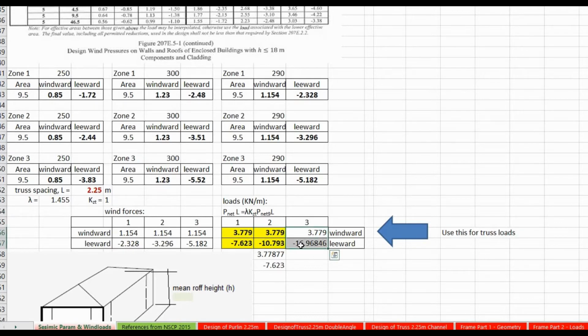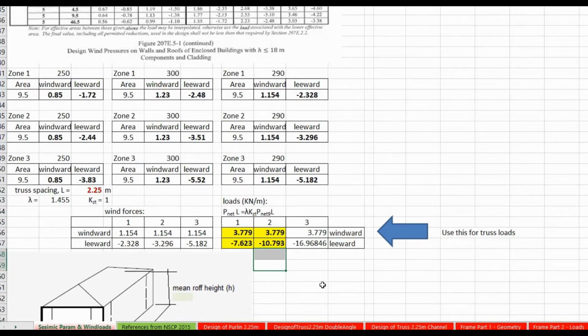Again, hindi na natin i-consider si zone 3 dahil yan ay nasa corners. So, itong mga shaded na yellow numbers, yan ang ating gagamitin na truss loads, and we will be designing our truss using stud. That is again on a separate topic.